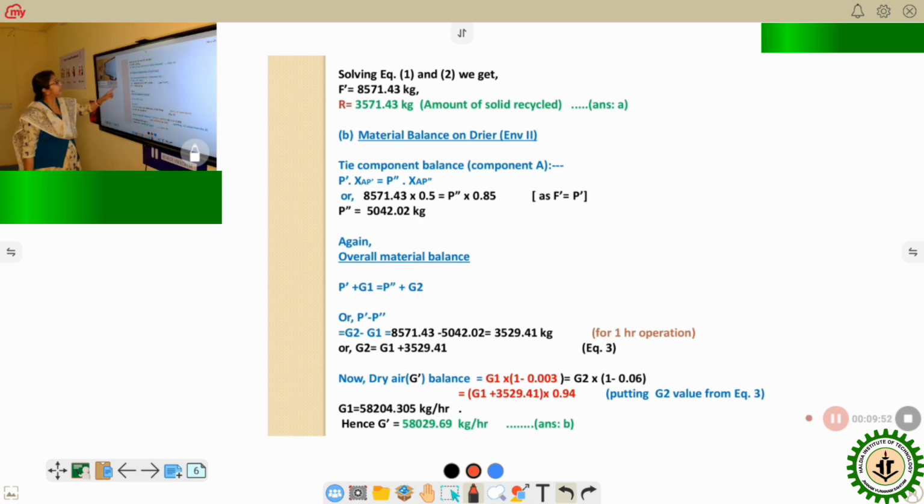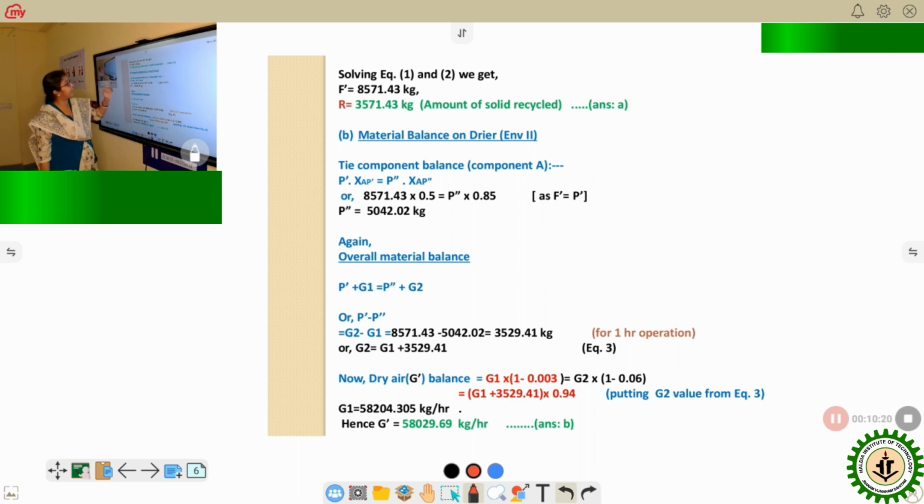After putting in all known values, P dash is known, because P dash equals F dash. As already said, after granulation there is no change in mass and no change in composition. So P dash equals F dash, the mixed feed which just entered the granulator, which is 8571.43, times 0.5, since the composition of P dash was 50% solid.